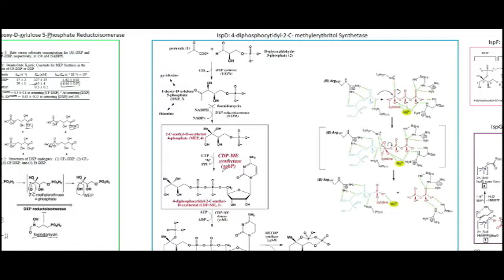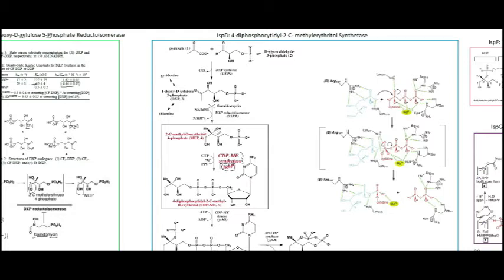A lot of times they'll give something a name like this when we're talking about maybe the yeast version of the enzyme, and then they'll call it this when we're talking about the animal version, so it can get confusing. I won't get too bogged down in that. I'll just try to tell you all of the different names that you might encounter if you're trying to study this on your own.